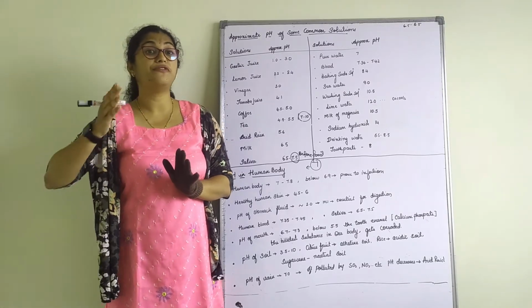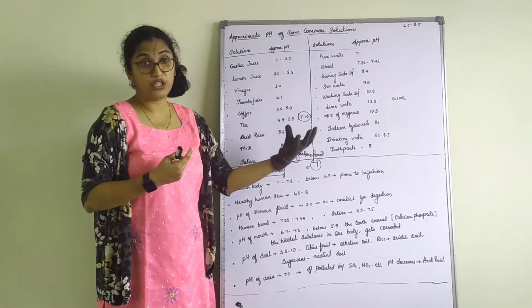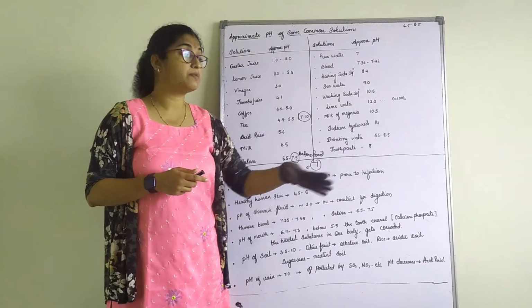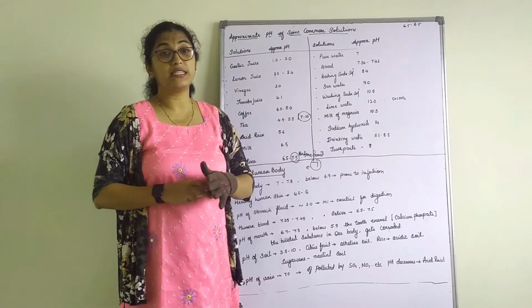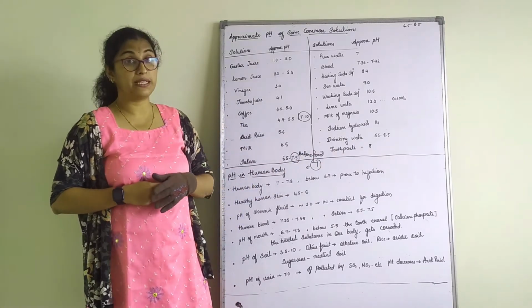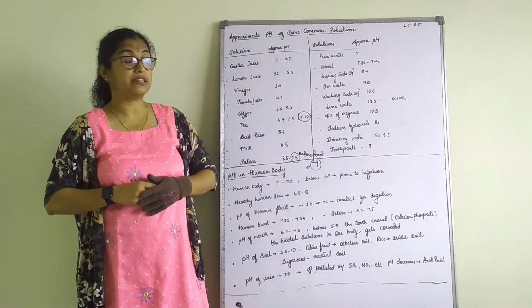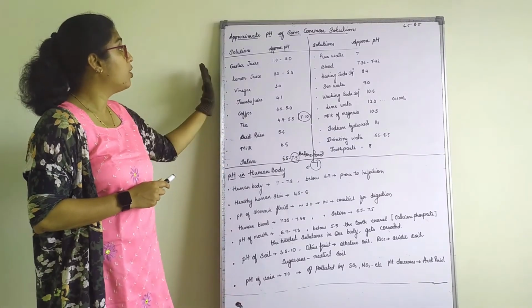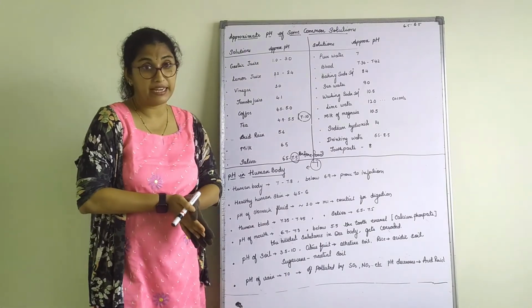Their pH is different from different manufacturers, but the pH of drinking water is safe between 6.5 to 8.5. The pH of our toothpaste is 8. That means it is basic. Where is it used and how is it useful? We'll see that in the further part. So this is about the pH of the solutions we commonly use in everyday life.